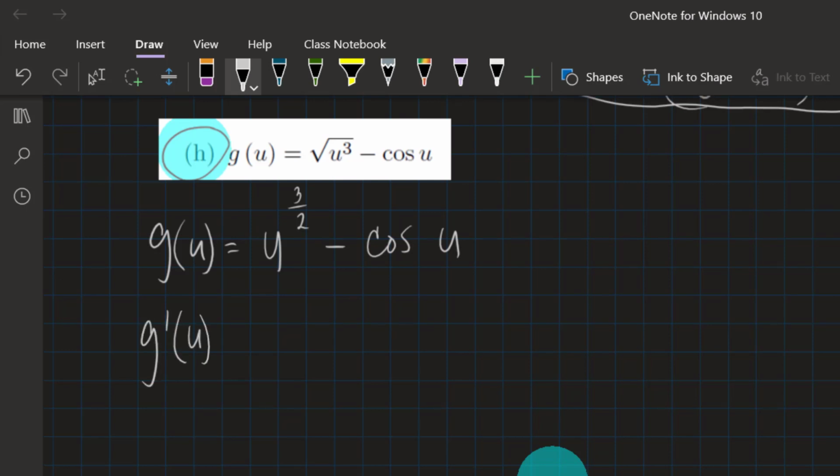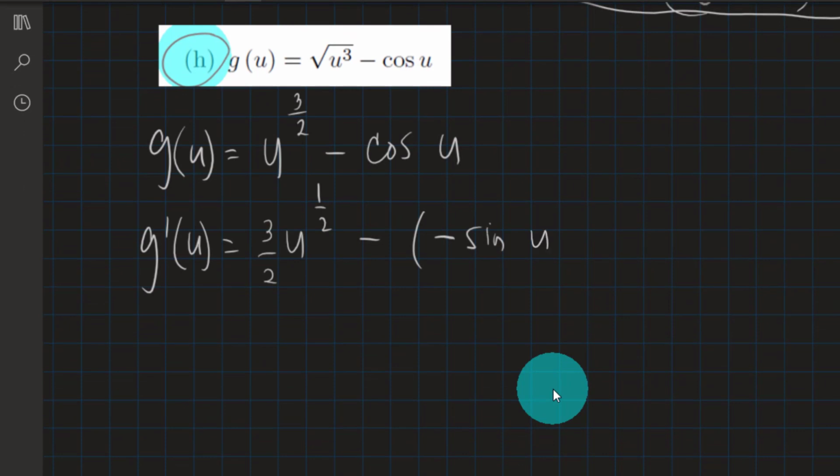G prime of u is equal to 3 over 2 u raised to 3 over 2 minus 1 is 1 half. Minus, ano ba yung derivative ng cosine u? Ang derivative ng cosine u is negative sine u. And then, simplify. So, ito ay magiging 3 over 2 u raised to 1 half plus sine u. So, okay na to. G prime of u.